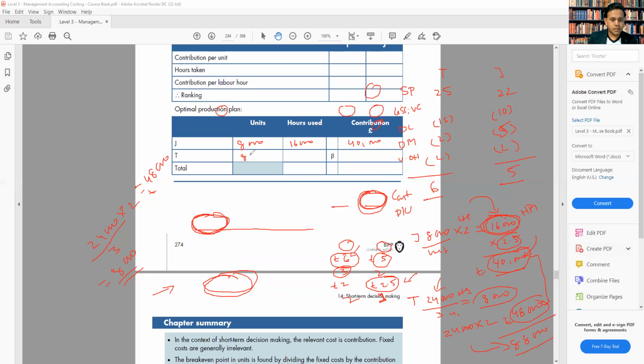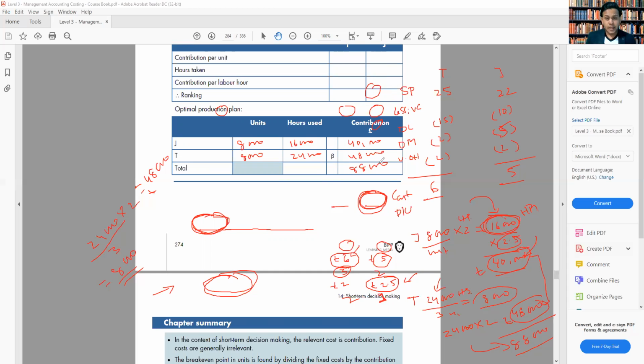Then 8,000 units, 24,000 hours, and the contribution 48,000, and the total is 88,000. That's it. If we know the workings, it is very easy to just fill in the box. So the main thing is the workings.